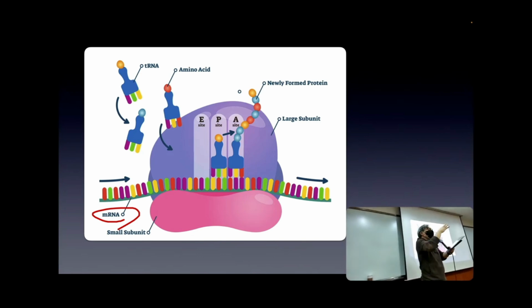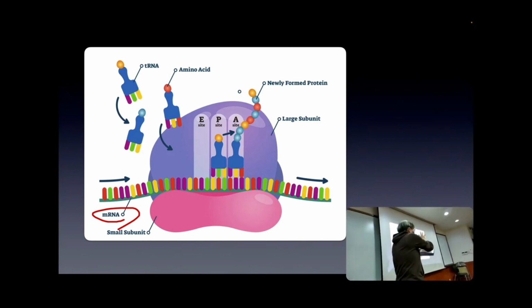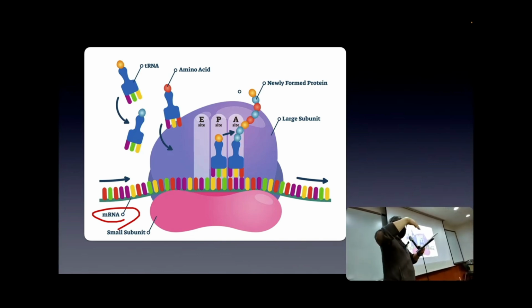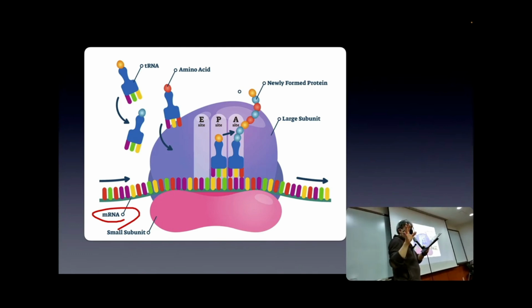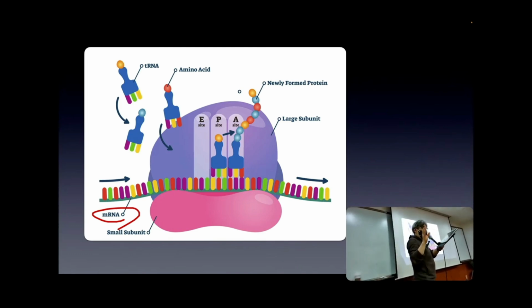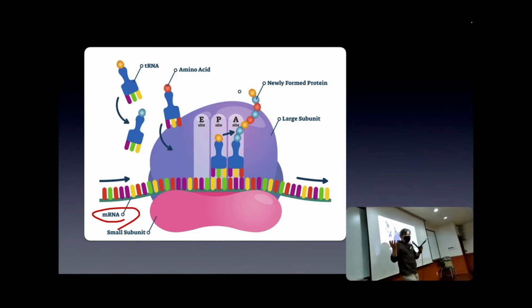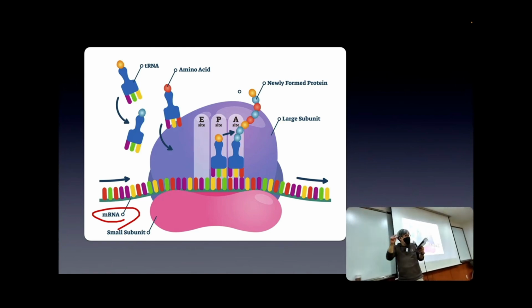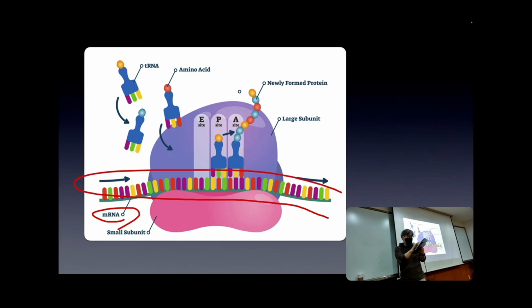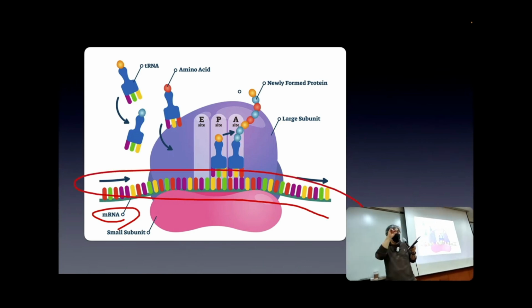That doesn't mean RNA cannot participate in complementary base pairing, but it would rather stay as a single strand. So that's why you see only one strand.